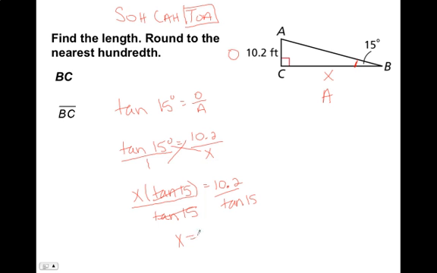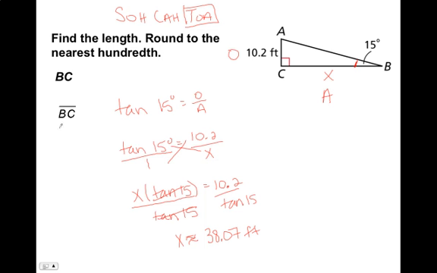That leaves us with x equals, now you just do it in the calculator. But make sure that your calculator is in degree mode. So you hit the mode button, make sure degree is highlighted, and then you're set to go. So you type in 10.2 divided by tangent 15, close your parentheses, and you get that x is approximately 38.07 feet.